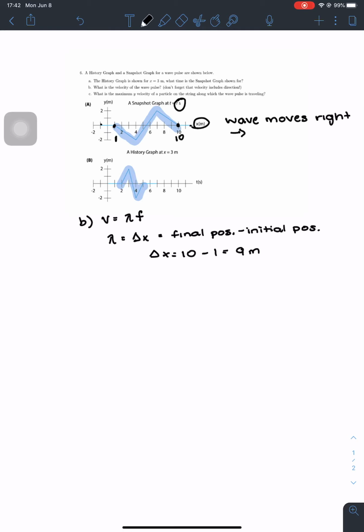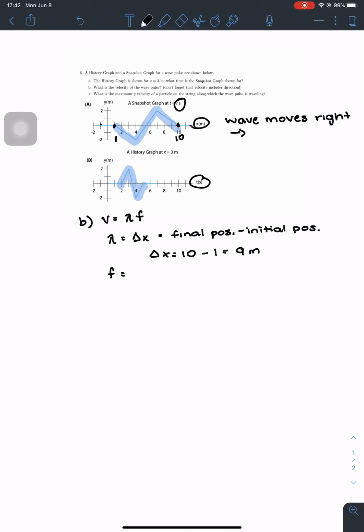Now we can find frequency by finding the period. To find it, we look at the history graph, because the history graph shows a wave's displacement as a function of time. We do the same as the previous one and take the final time minus the initial time.